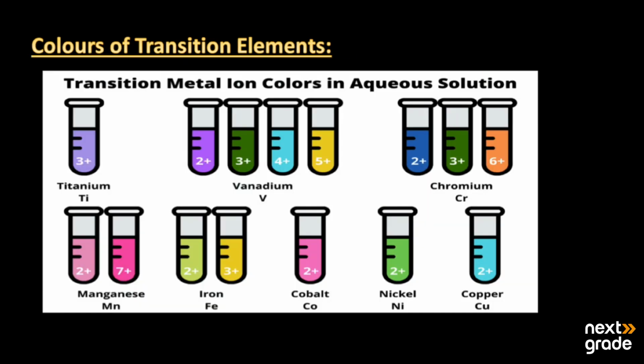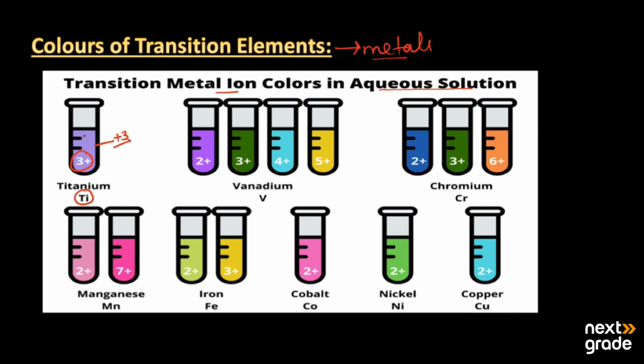After this, we have colors of transition elements. Basically, these are metals, and when their metal ions are present, they show different colors in aqueous solution. Likewise, titanium, whose symbol is Ti, shows the color purple when it is in the positive 3 oxidation state.